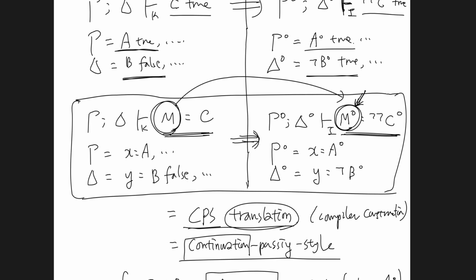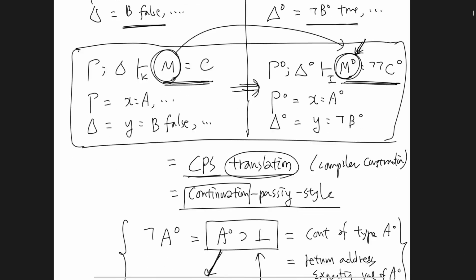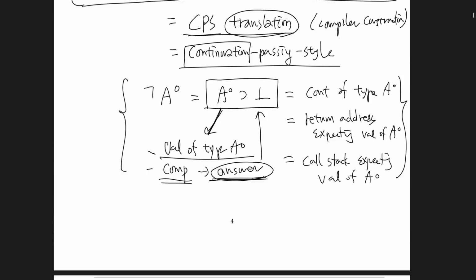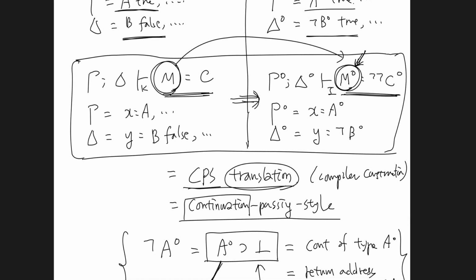So let's consider a few representative cases. At first, the translation might seem quite weird, but after a few cases, a pattern emerges, and then you will be able to see the key idea in the translation. So let's first consider the variable case.